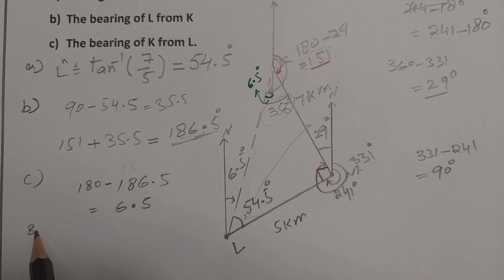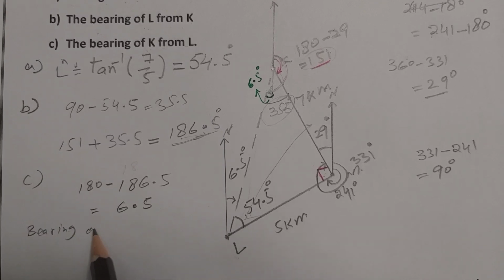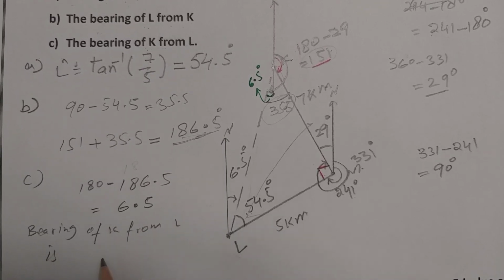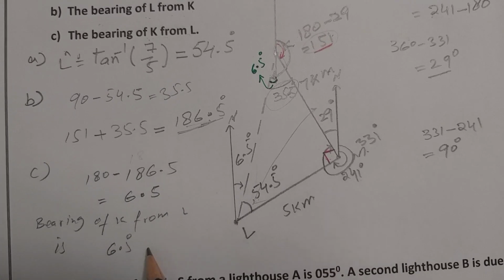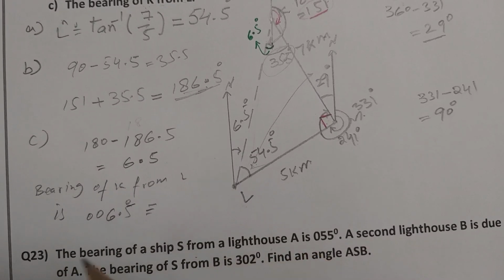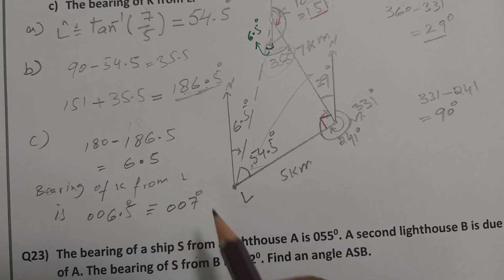The bearing of K from L is 6.5 degrees, or approximately, because this is not three figures, we can put two zeros before it, or you can round this number, and it becomes approximately 007 degrees.